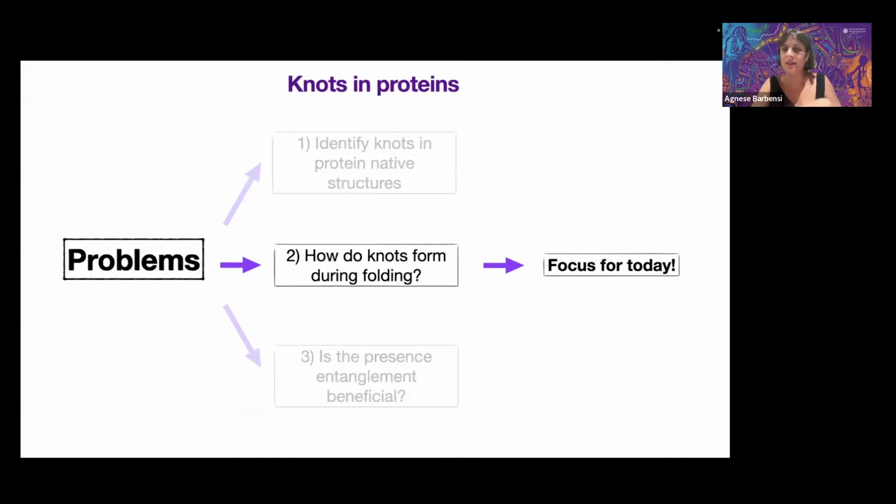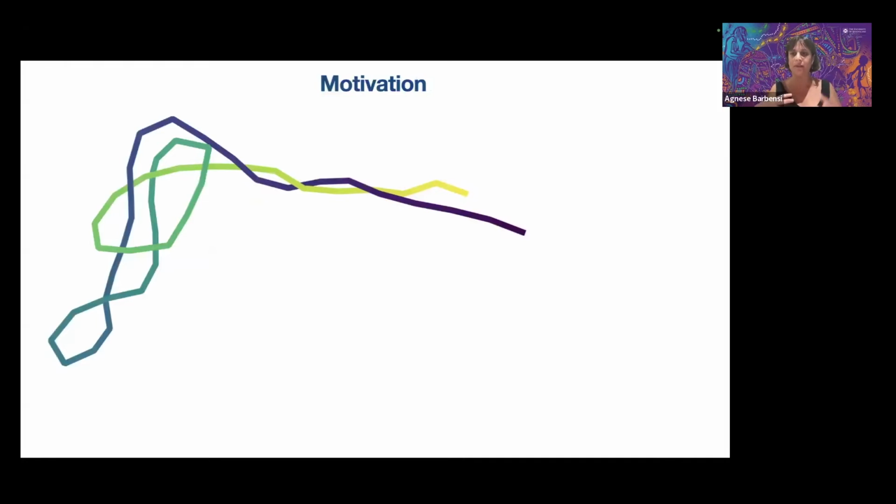For the rest of the talk, I'm going to try and focus on possible approaches to tackle some of the questions arising when trying to understand the process of knot folding. And again, before going into the details of what we have done and the results, I just wanted to give a further motivation for the approach we decided to take.